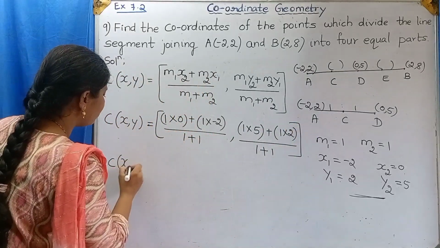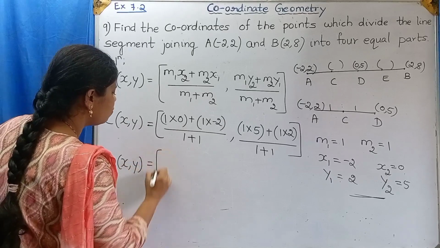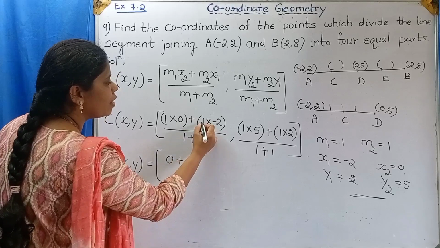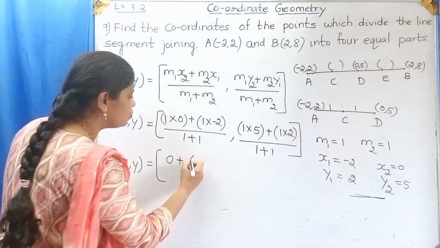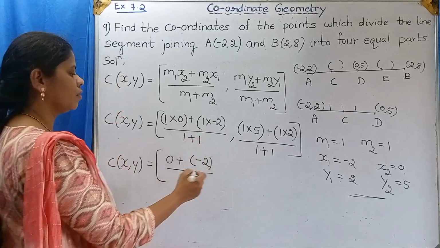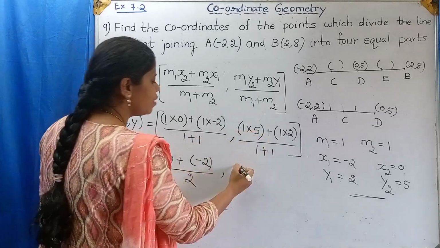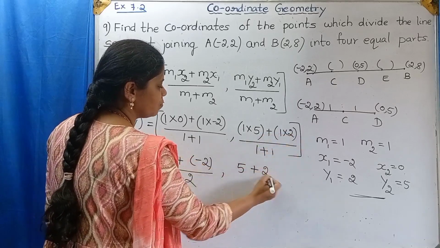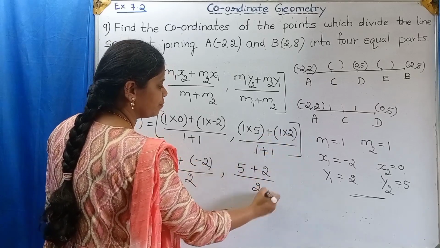C of xy is equal to 1 into 0 is 0, plus 1 into minus 2 is minus 2, divided by 1 plus 1 is 2, comma, 1 into 5 is 5, plus 1 into 2 is 2, divided by 1 plus 1 is 2. Okay.